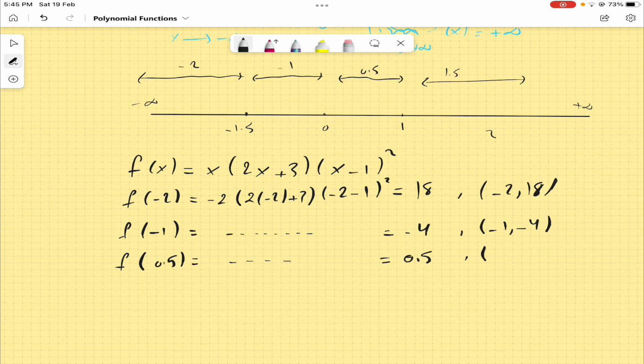And the point is (0.5, 0.5). The last point, 1.5, and the y is 2.25. And the point is (1.5, 2.25).